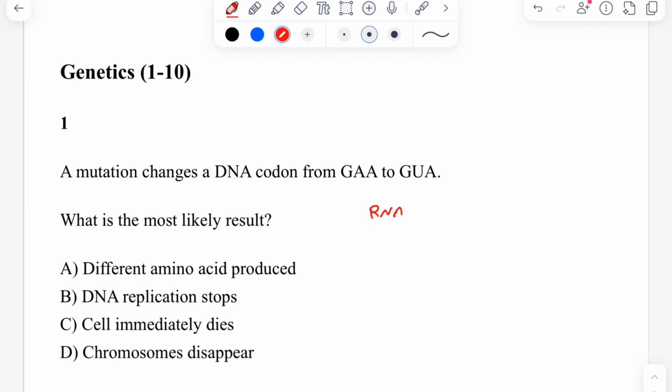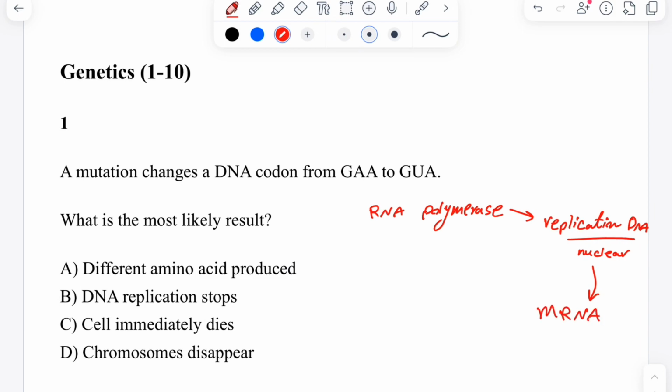RNA polymerase can replicate DNA in the nucleus and make mRNA, or messenger RNA.